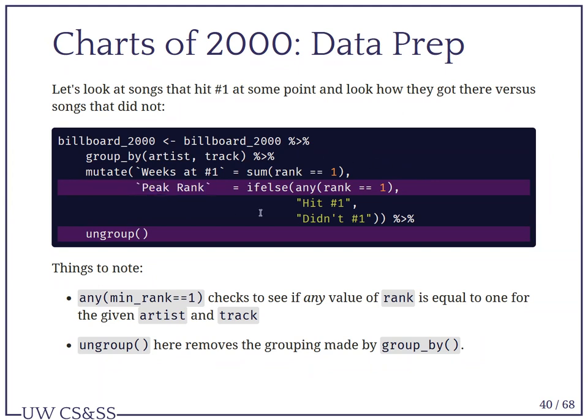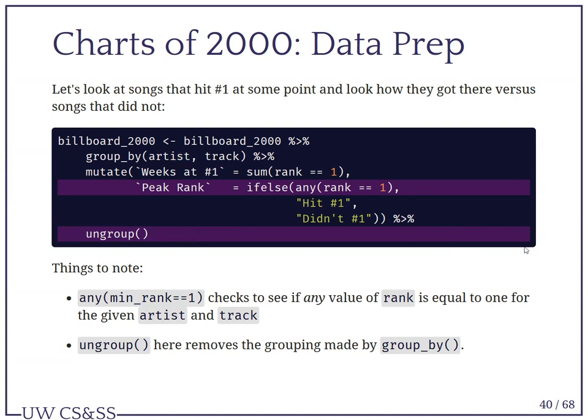And peak rank equals if else any of the values in the rank column for a particular artist and track was equal to #1. And if it was true, then we'll say hit #1. If not, didn't hit #1. And then we'll ungroup to make sure that our data doesn't keep this structure of artist and track groupings.